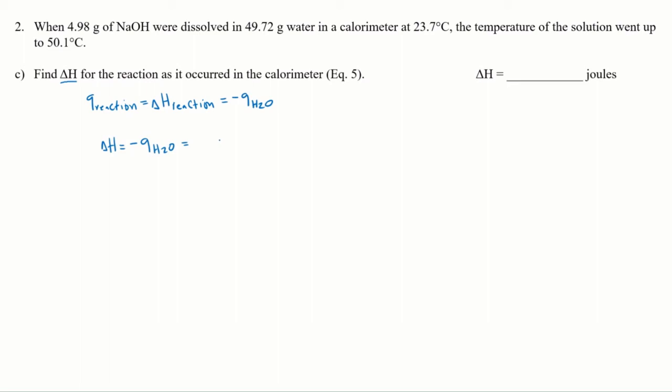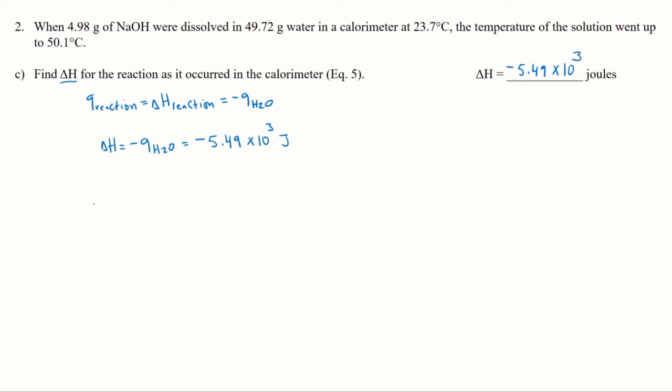It'll be the same exact magnitude, but opposite in direction. So I will have a negative 5.49 times 10 to the 3 joules. This is the answer for part C, negative 5.49 times 10 to the 3 joules.